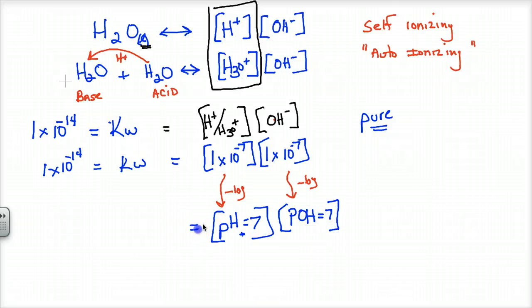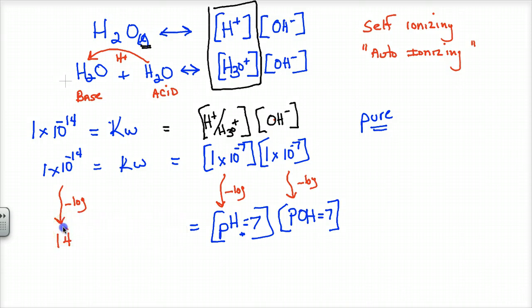And of course, I really could also, if I wanted, and I want to, do the negative log of my Kw. And this would be 14. Take the log of this, take the exponent of base 10, and we make it a 14 times negative 1, and it's a 14.